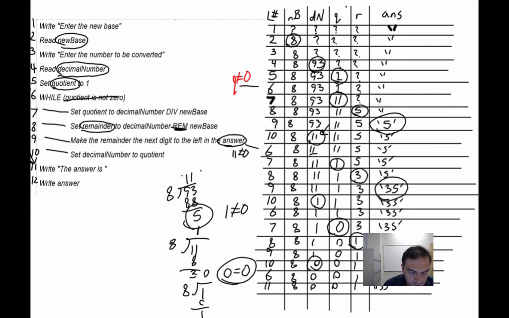And we're going to print the answer is, and then in line 12, we're going to print the thing that's currently stored in answer, which is 135. So this is tracing through the code.